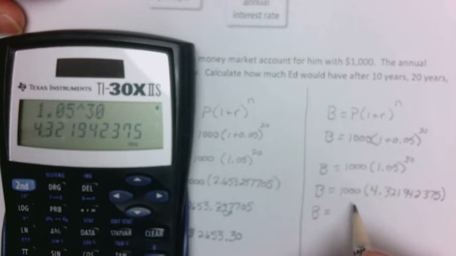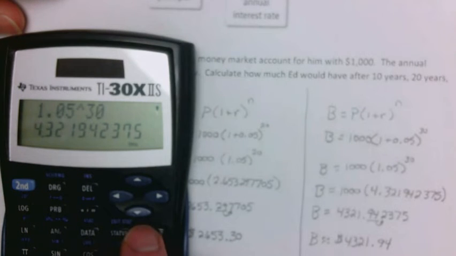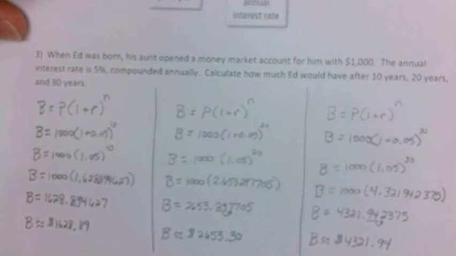Multiply that number now by 1,000. 4,321 and 942,375, which means after 30 years, Ed's going to have approximately $4,321.94. Okay, so if you know your principal, your rate, and your number of years, you can simply plug those values into this equation to calculate the account balance.